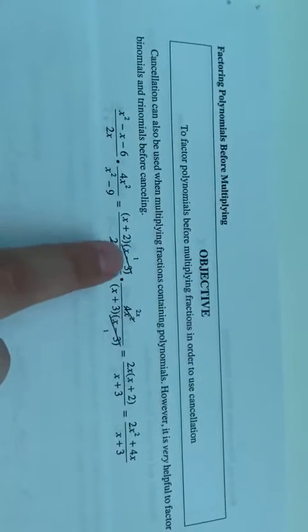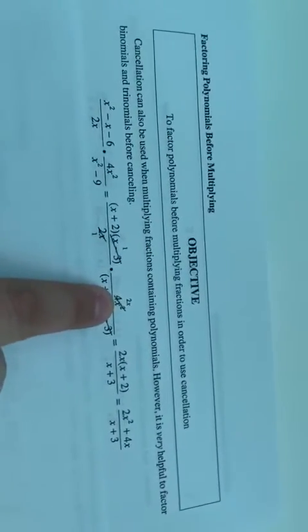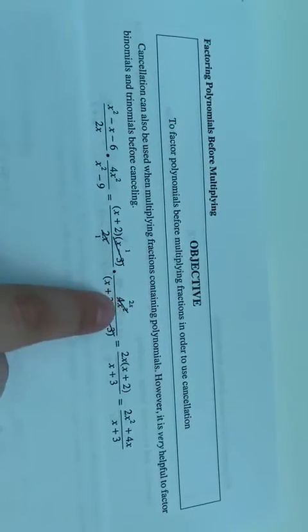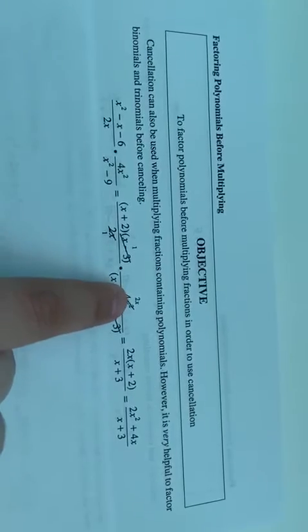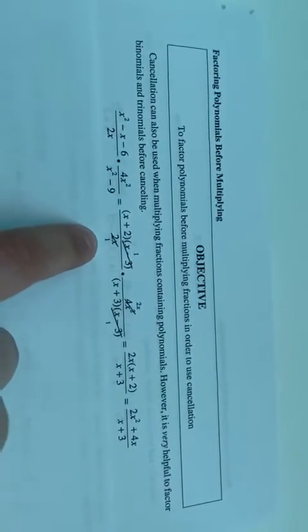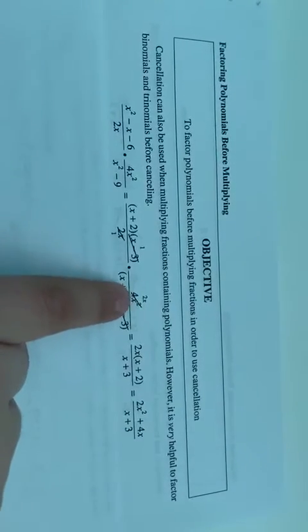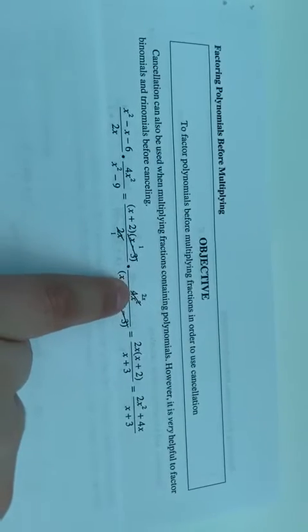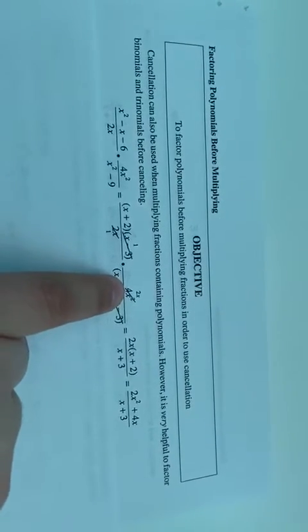And then this 2x and this 4x squared, what happened here is that this 4x squared was divisible by 2x, and so was this 2x, which would break this down into something smaller, okay?